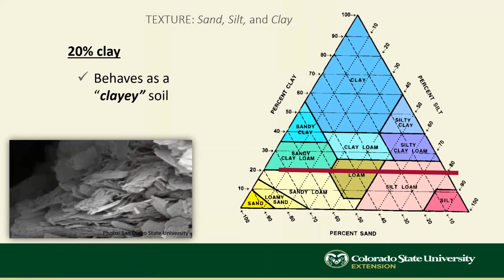But because clay is so fine and such a small particle, this triangle becomes a huge, cool knowledge base. If you look here at the percent clay, as soon as you get up to 20% clay, all of these types of soil act like a clay.